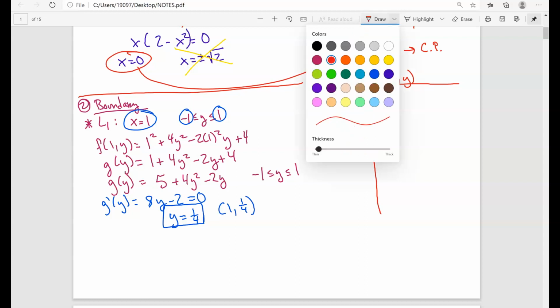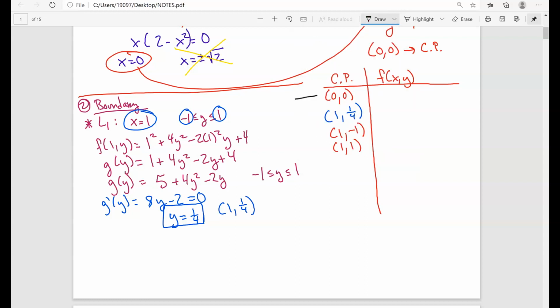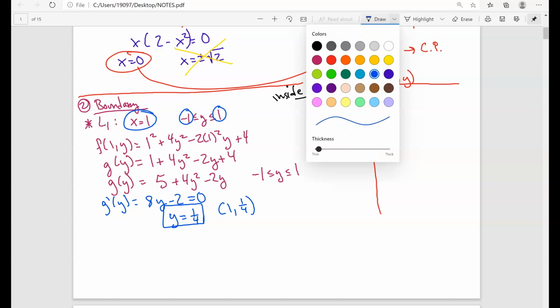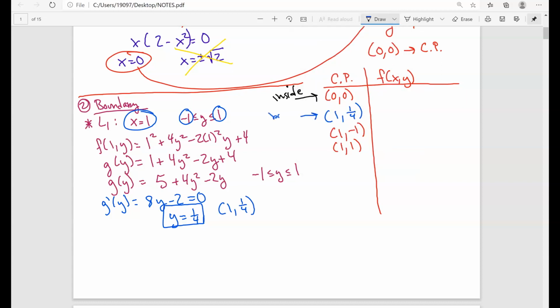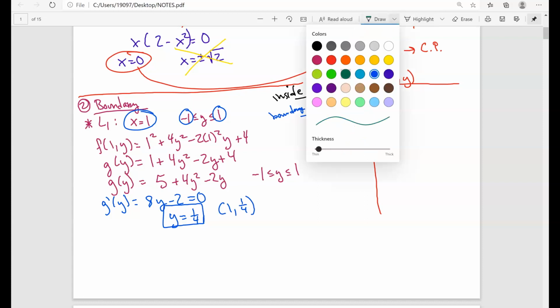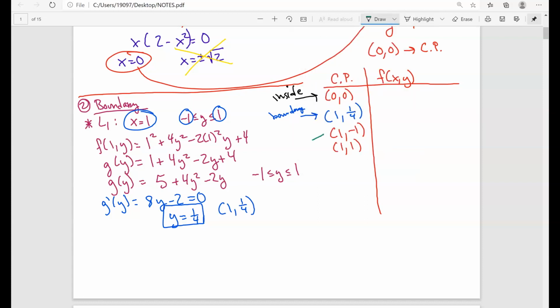So let me write that this one was inside the whole region. This one was on the boundary. And these other two were corner points. So these were just corners. Okay, so that's the first one.